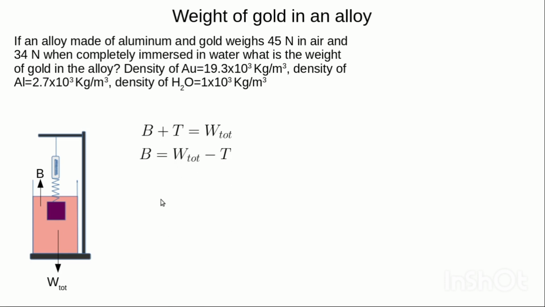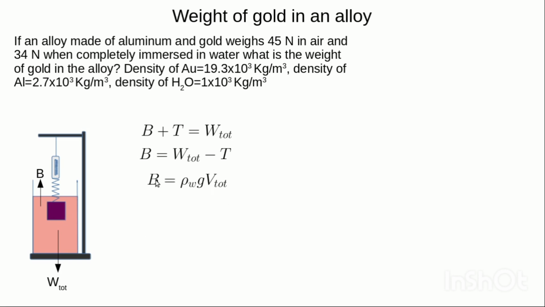But mind you, our buoyant force is also given by this expression below, which is the density of water times acceleration due to gravity times the volume of the liquid displaced. This V is also the total volume of this block. It's either the total volume of the block or the total volume of liquid displaced. So take note of that.